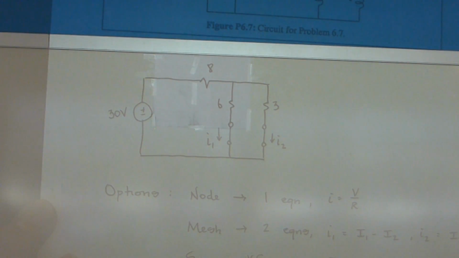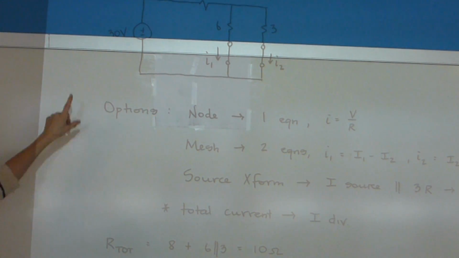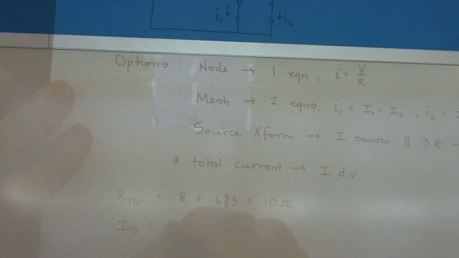So let's go ahead and do that one. So if I find the total resistance, that's just 8 plus 6 in parallel with 3. 8 plus 2 is 10. So that means the current coming out of the source is going to be the 30 volts divided by the 10 ohms. The total current being supplied by the source is 30 divided by 10, 3 amps. And now using current division.